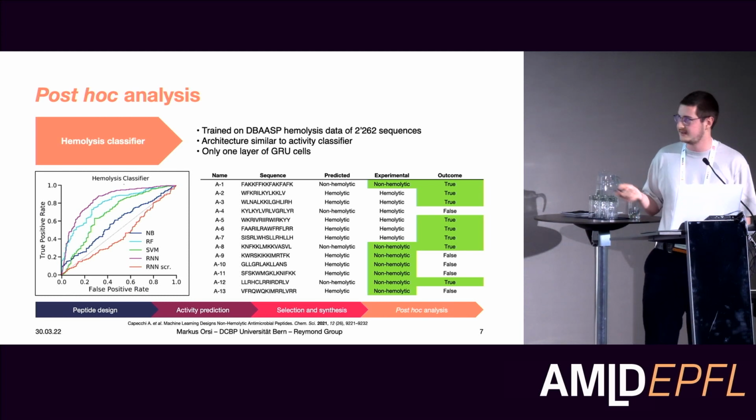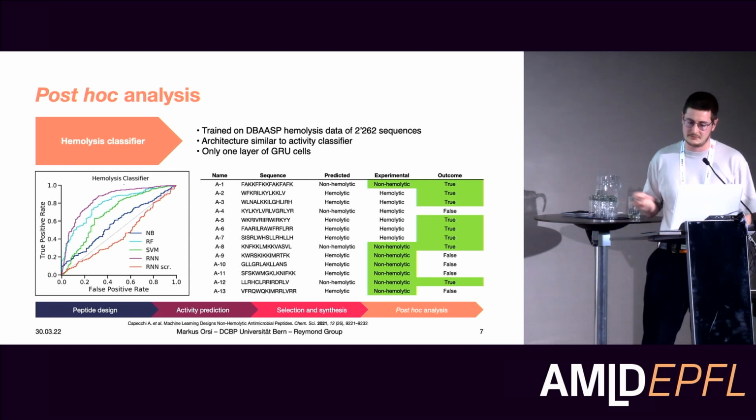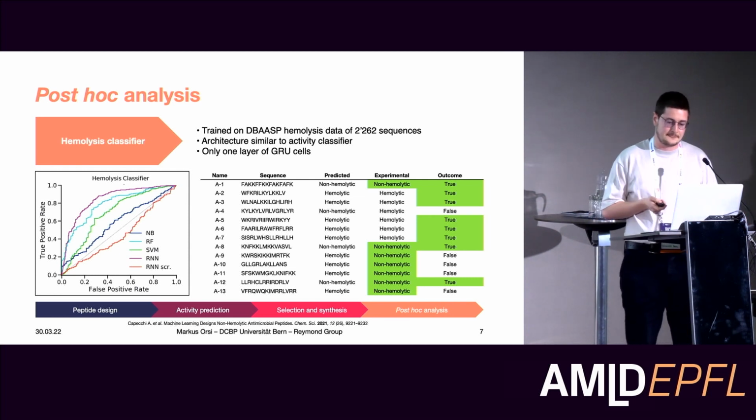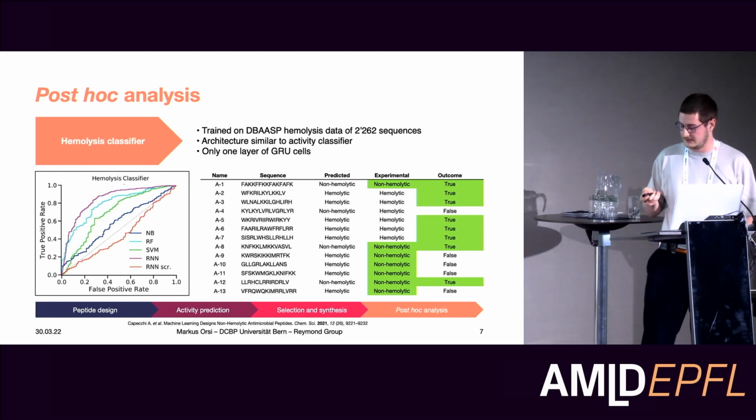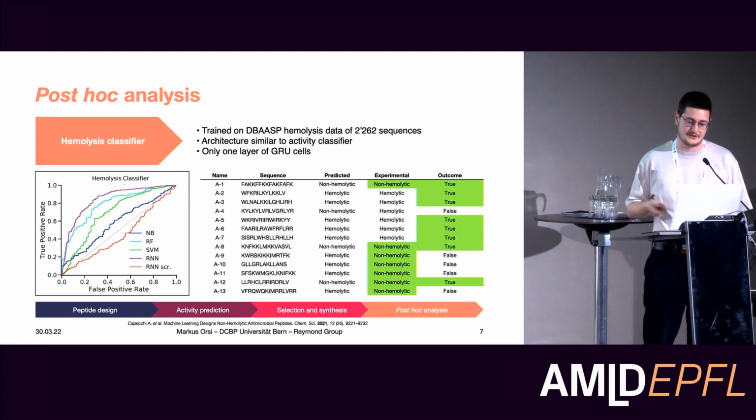But since these are actual experimental data and this is a really applied project, we are quite happy to see that most of the predictions are actually correct, since in the future we would like to use this classifier before actually selecting and synthesizing our compounds, to already filter out hemolytic sequences.